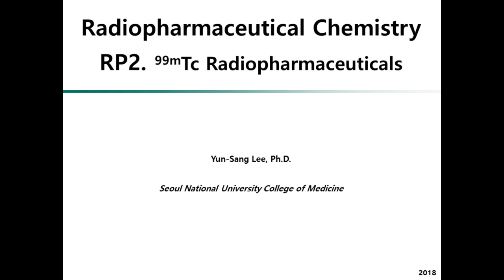Okay, I think the technetium radiopharmaceutical is just practical, because you make it every day. How many scans for technetium scanning in your hospital? We usually do 12 to 15 DTPA and almost 15 to 20 bone scans every day, and 1 or 2 MIBI, and some other scans.